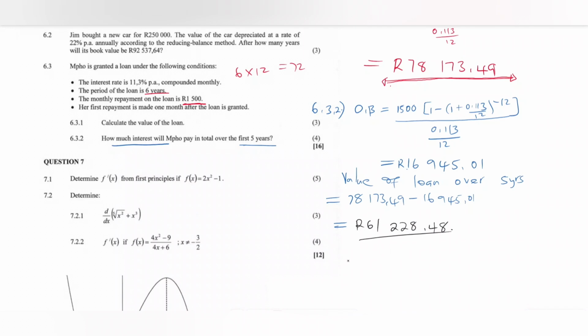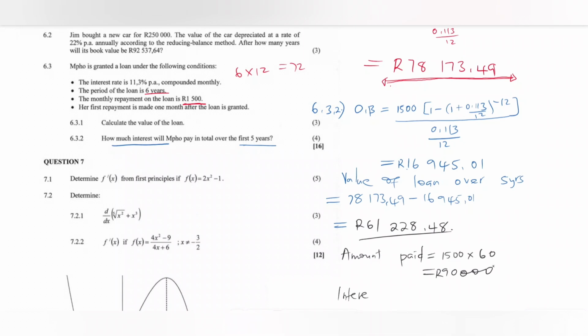So now I want to see how much was paid over those 5 years. So the amount she paid is 1,500 multiplied by, in 5 years, how many months are there in 5 years? That's 5 times 12, which is going to be 60. This gives us 90,000 rand. That is the amount paid. So now let's see the interest.